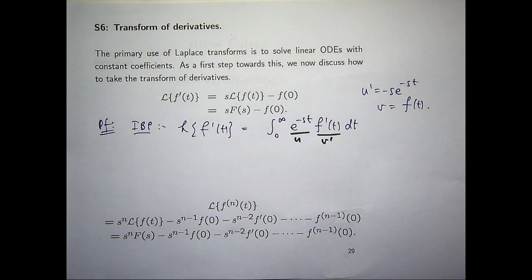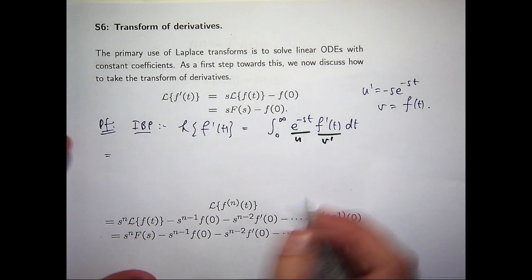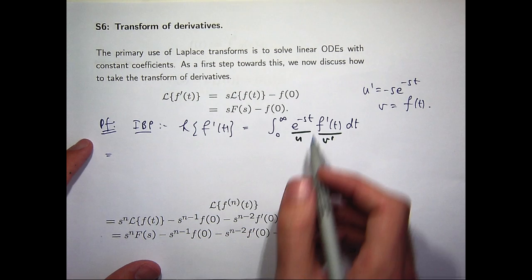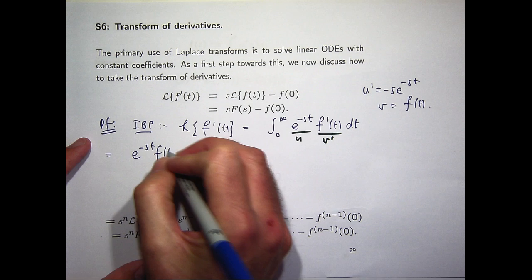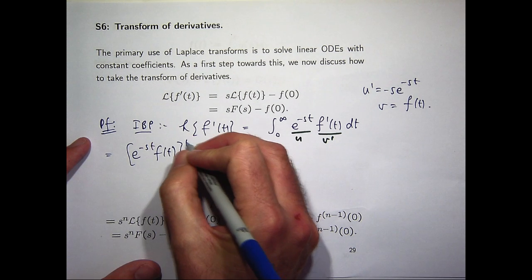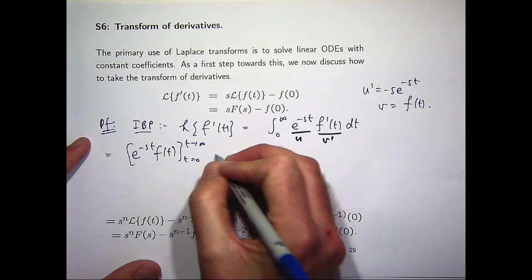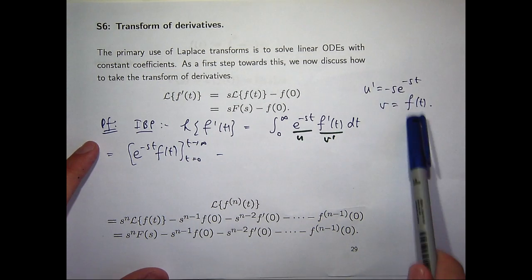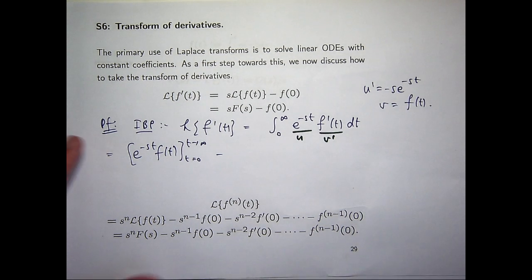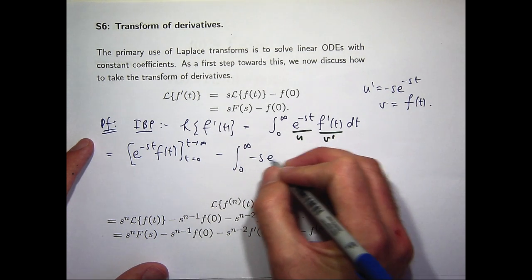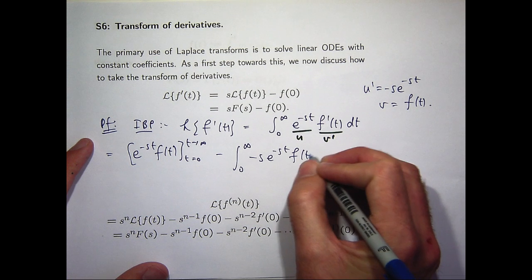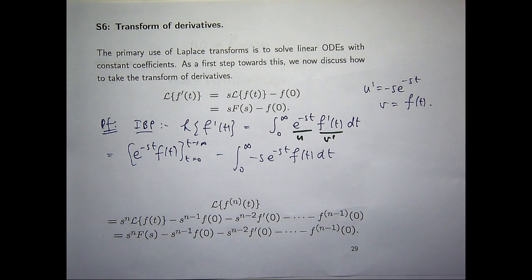So just using the integration by parts formula, and noting that this is an improper integral, it's u times v minus the integral of the product that you just constructed. Okay? So that's just integration by parts.